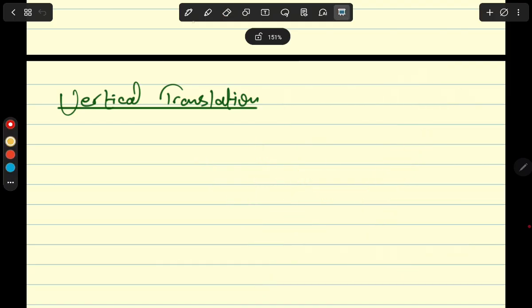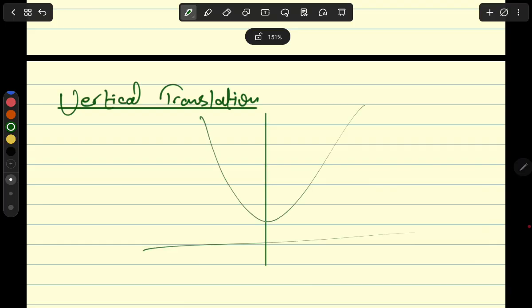Now let's see what a vertical transformation does. What happens if every y value of a function increases by 3? So let's say there was a point 0, 1. If it increases by 3, the translation vector is 0, 3. So every y value is increasing.